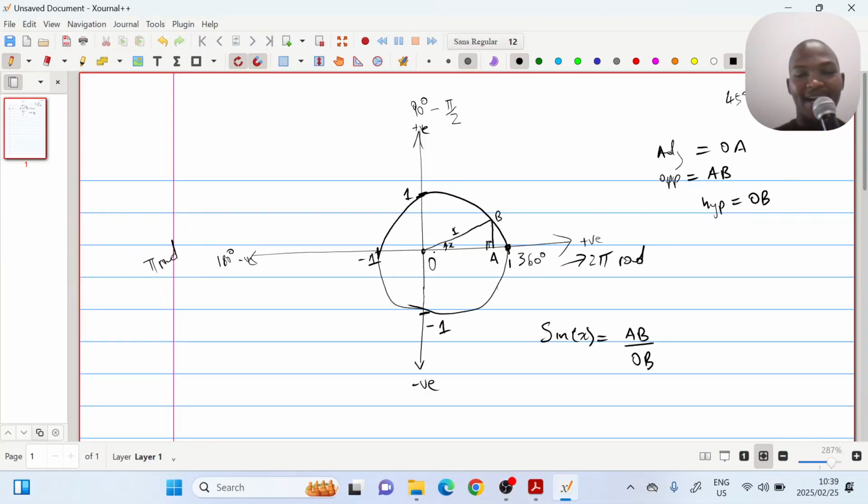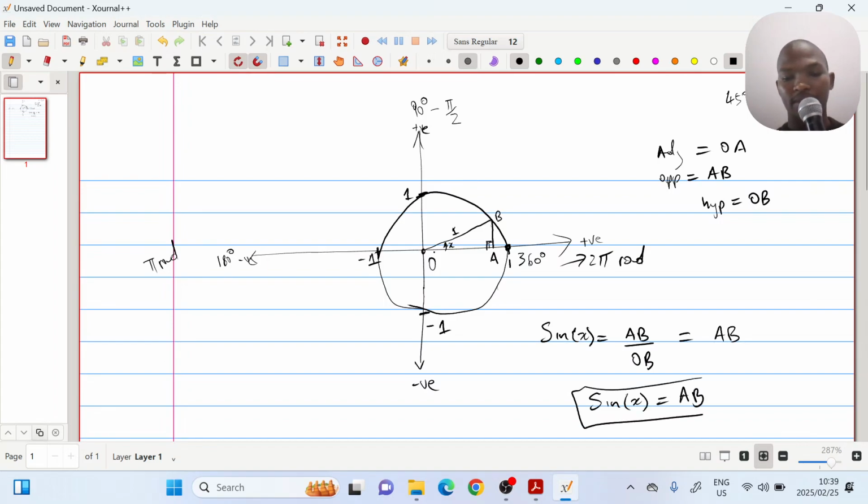But here's the thing, guys. We have sine. Now, what is the value of OB in that case? It's 1. So this is going to be equal to AB over 1. So take note that in this case, our sine of x is going to be AB. Copy it.